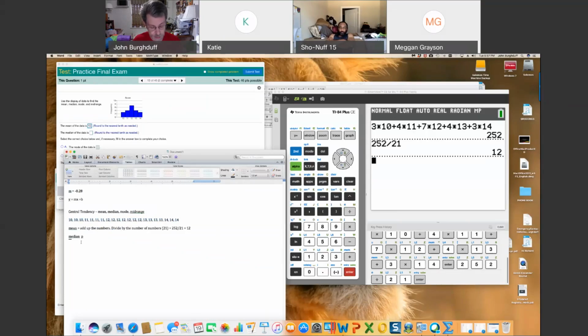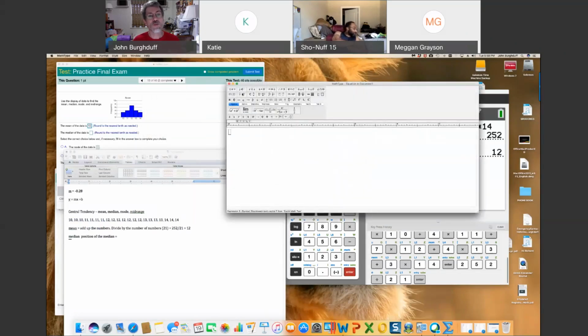The position of the median is always given by n plus 1 divided by 2. Oh, let me do it differently here. What am I doing? Okay. This way.